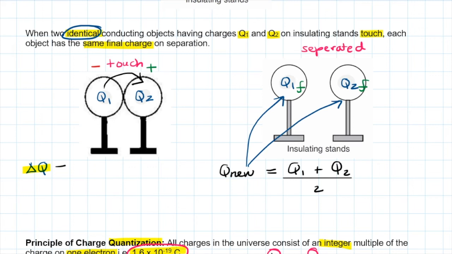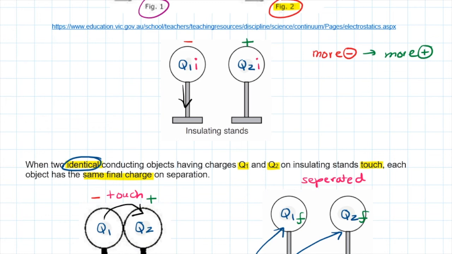We say the charge transferred is equal to the final charge minus the initial charge on an object. We can either focus on Q1 or Q2. So if we focus on Q1, then we're going to take the final charge on Q1, which we calculate using this formula, minus the initial charge on Q1, which is given right at the beginning.